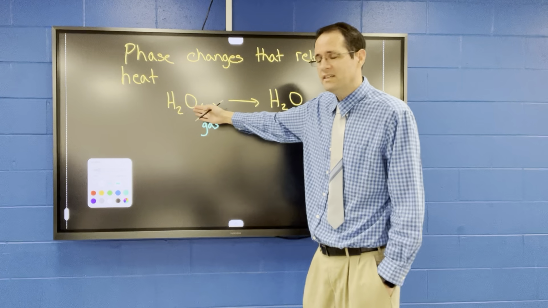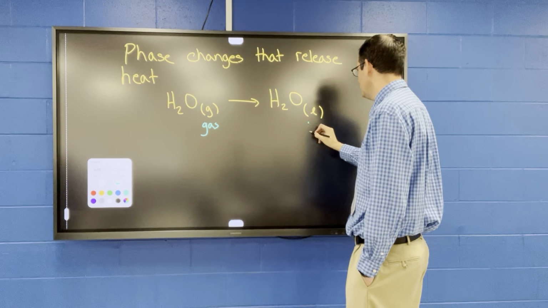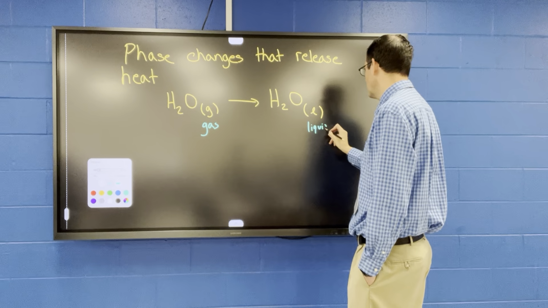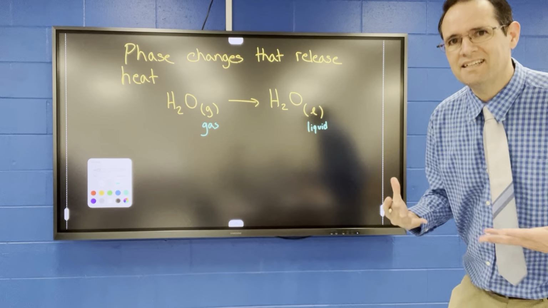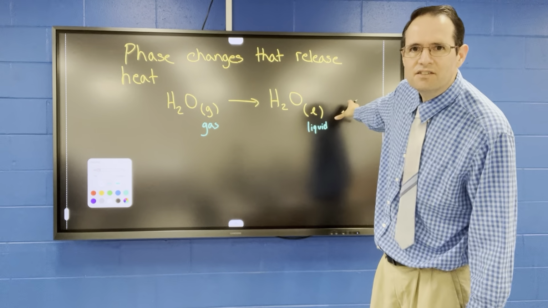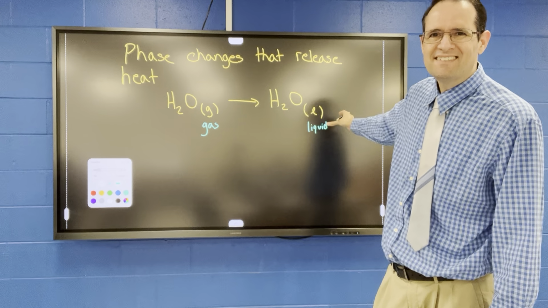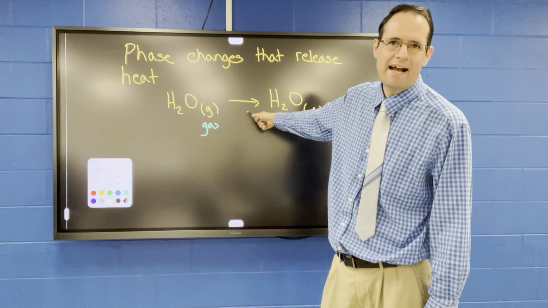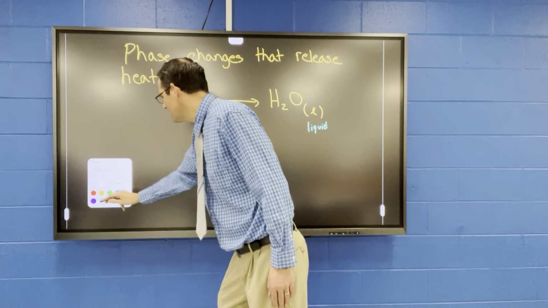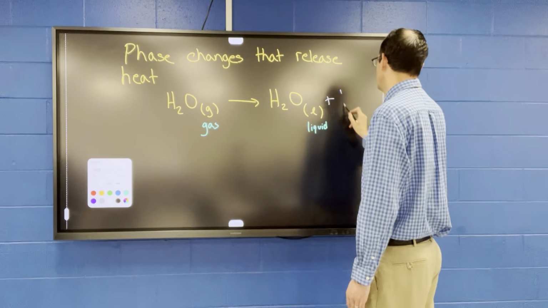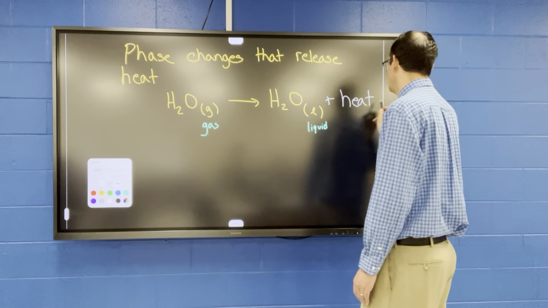So when a quantity of gas changes to liquid, it's going to release heat. The release of heat is shown by this thermochemical equation by showing it on the right side of this kind of reaction arrow looking thing, okay? So I'm gonna write heat over here, okay?